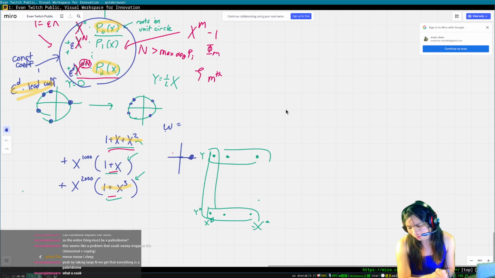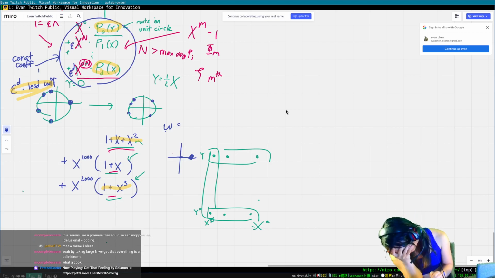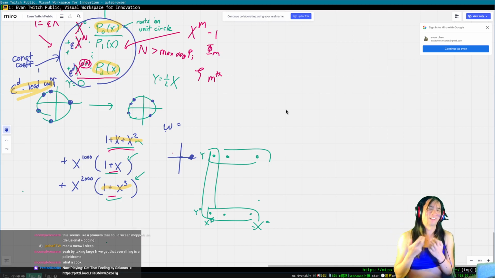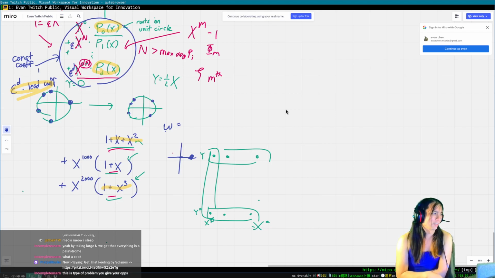You just ignored the center. Oh my god. That's so rude. Here I was trying to classify the polynomials. Wait, okay. Is it true that it has to factor? Do we know that it has to factor?